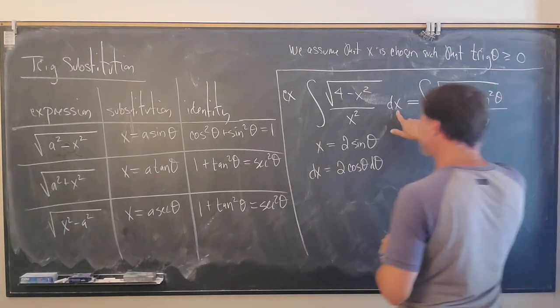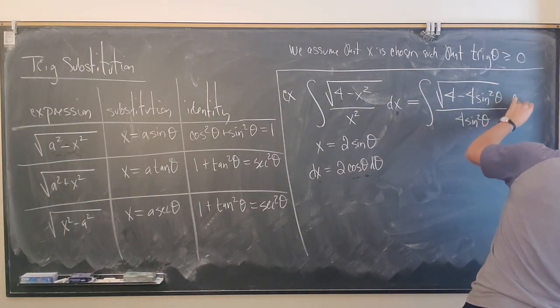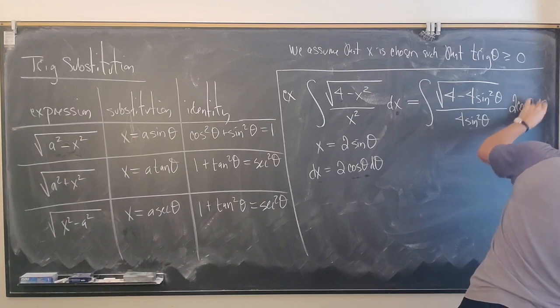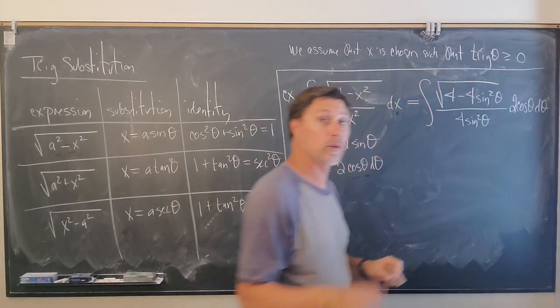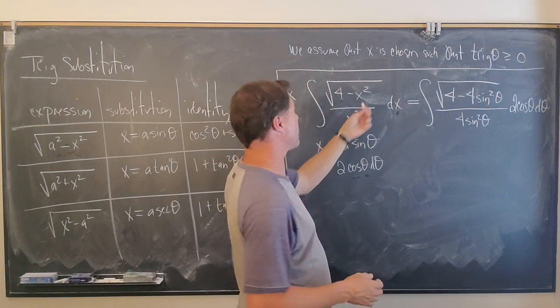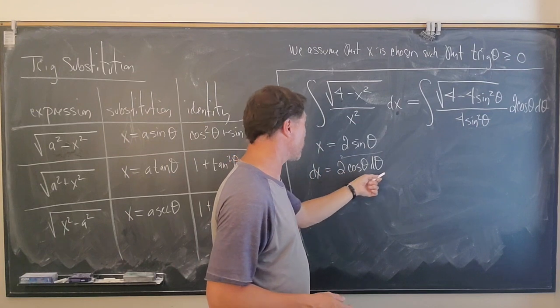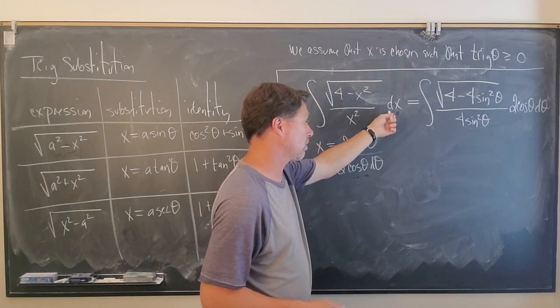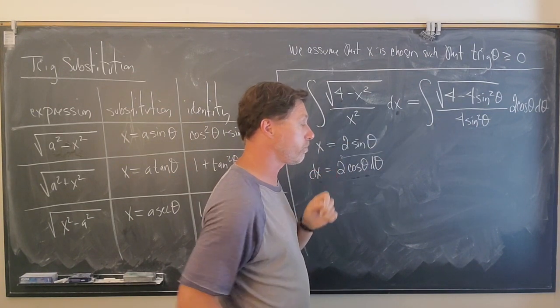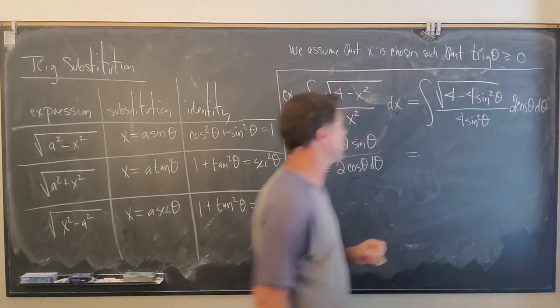And then remember, dx has to be replaced with 2 cosine theta d theta. That's important when you're doing trig substitution. Make sure that not only everywhere you see an x do you replace it with the appropriate trig form, you also need to replace the dx with the appropriate part. Okay, so now let's see what we got.